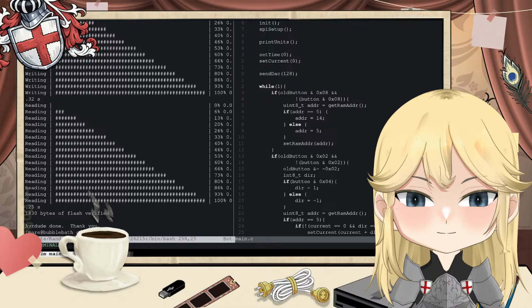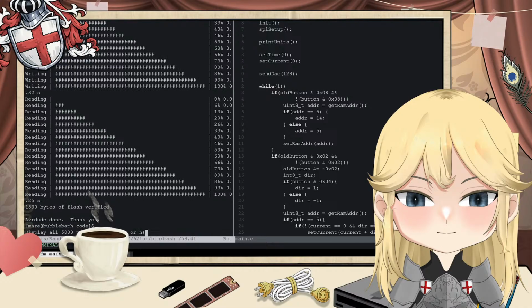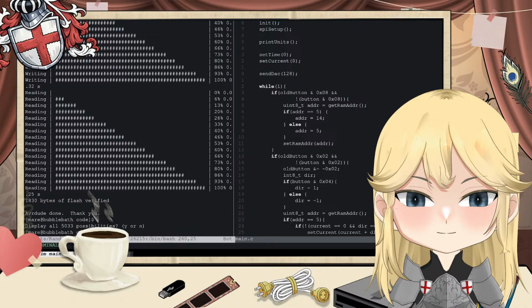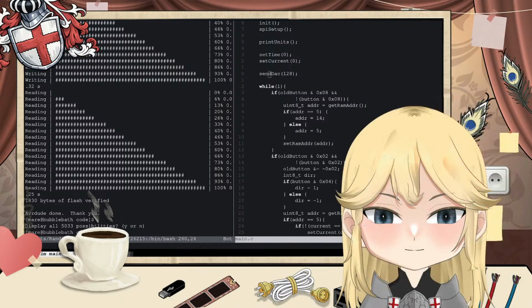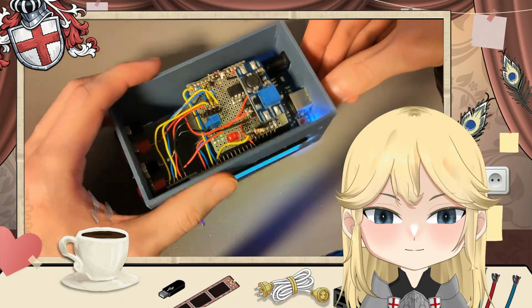That's an annoying phrase. I want to go here. Right, how do we debug this? Yes, we're gonna have to use the camera for that one.